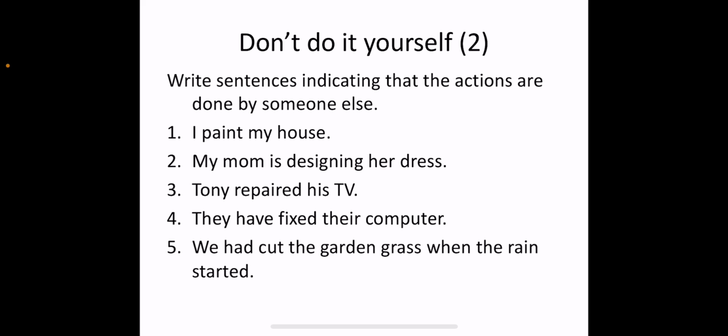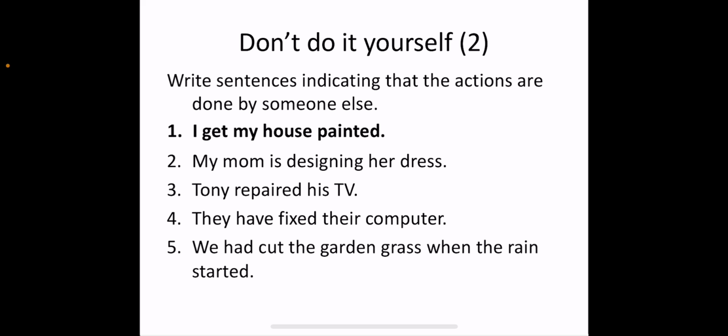So I paint my house can be I get my house painted. I use the participle form of the verb, and most of the time the verb goes at the end. Now I can use get instead of have. Have and get are both the same, but get is a little more informal and have sounds a little more neutral or formal.